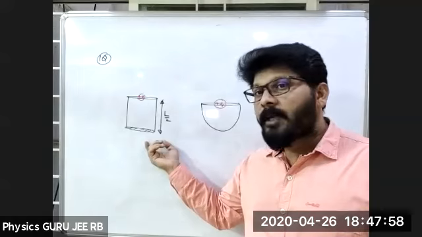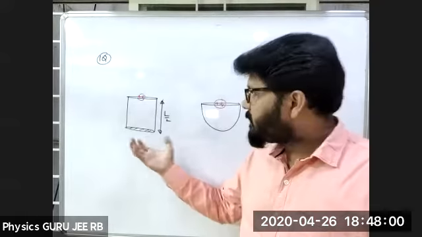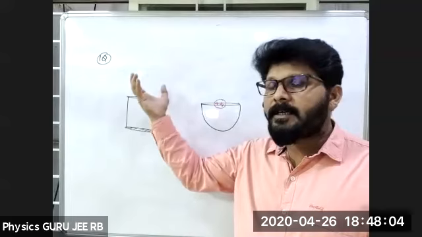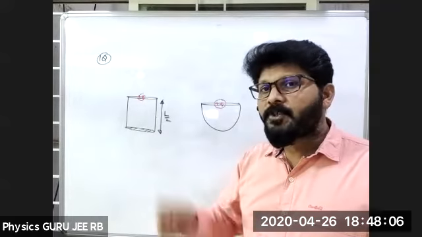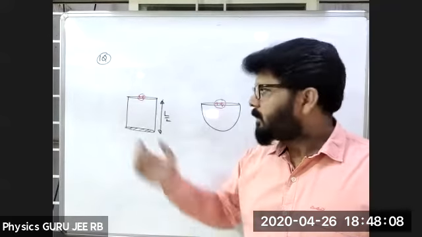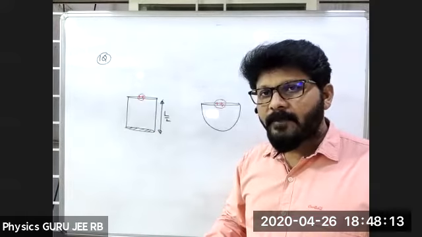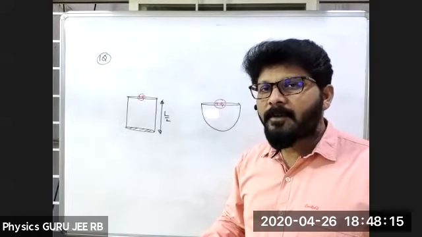First one, how to calculate the flux? If it is a closed one, meaning a complete cylinder, the flux can be written as Q by epsilon naught. It is nothing but half, so simply we can say Q by 2 epsilon naught.